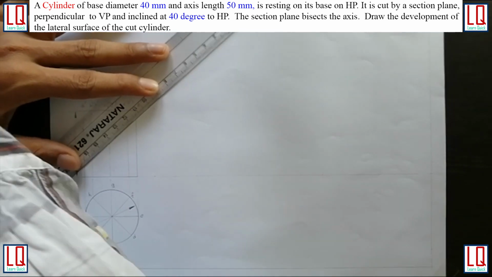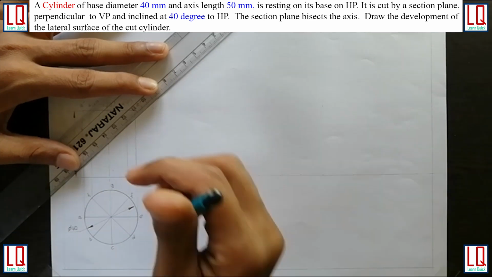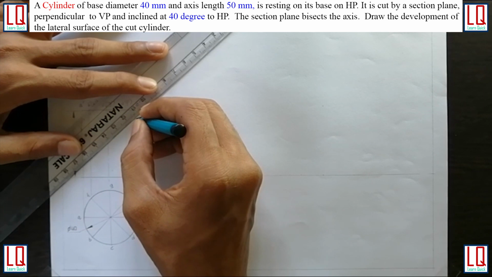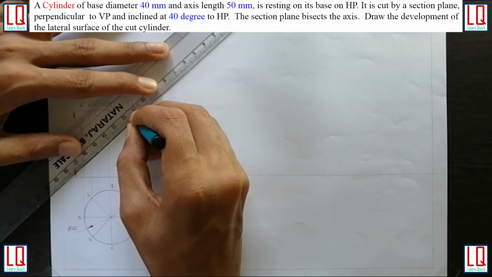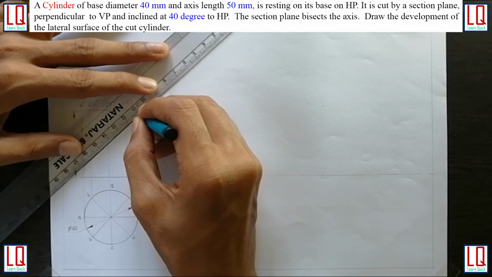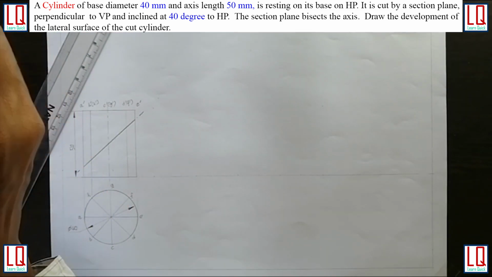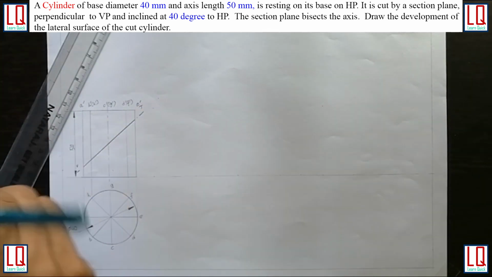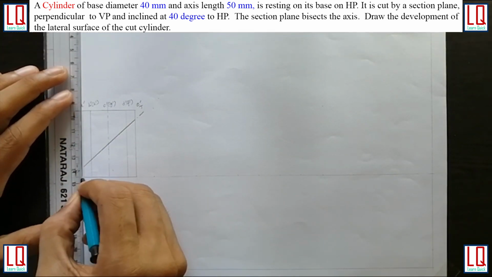To draw the cutting plane, use your HB pencil. From your left extreme generator to the right extreme generator, use HB pencil to draw the cutting plane. And we will mark this cutting plane as VT. Now the remaining generator.